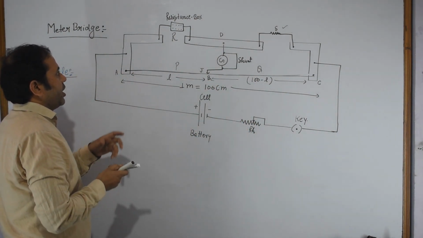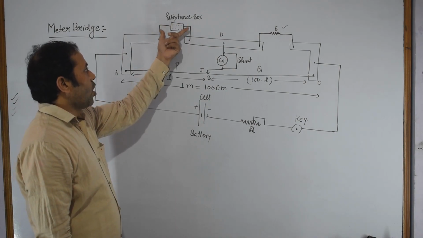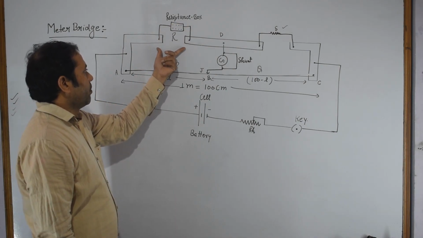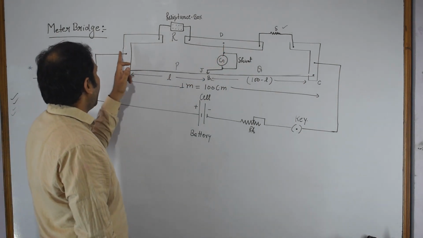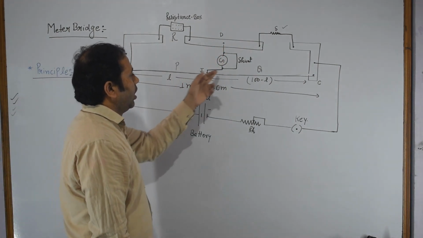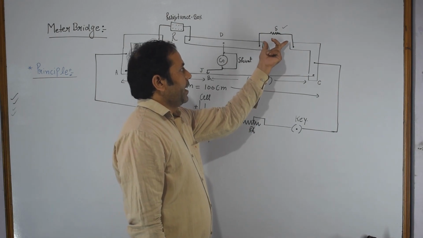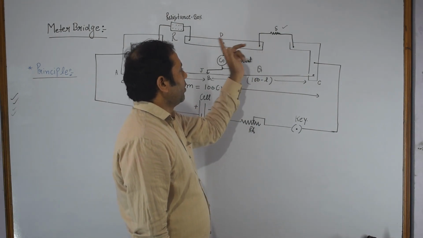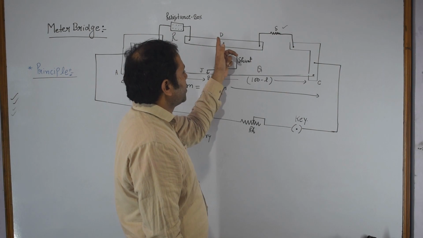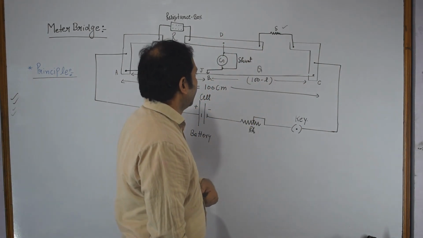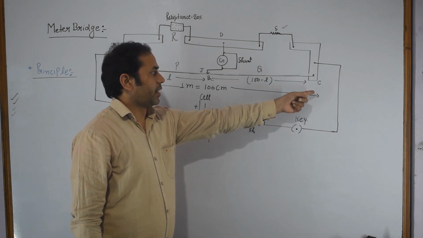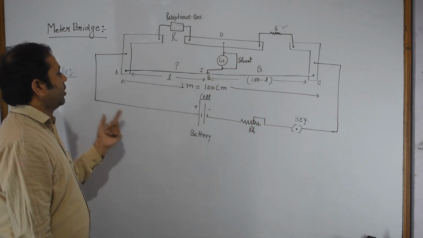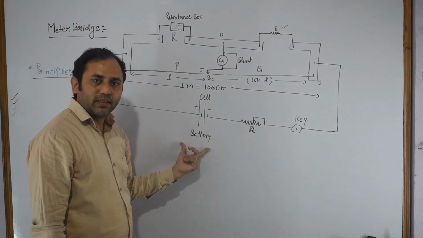Here we have a resistance box in the gap between C and A, and the unknown resistance S in the gap between C and D. There is a 1 meter wire of manganin or constantan, a cell or battery.